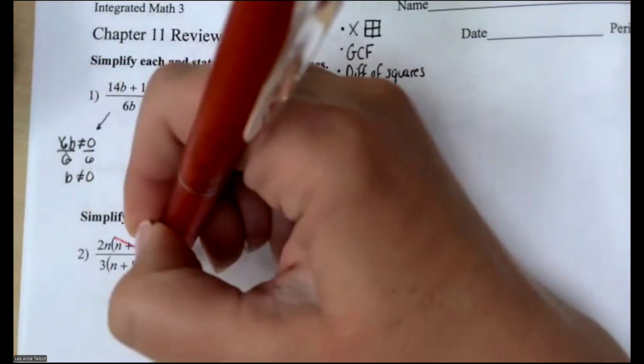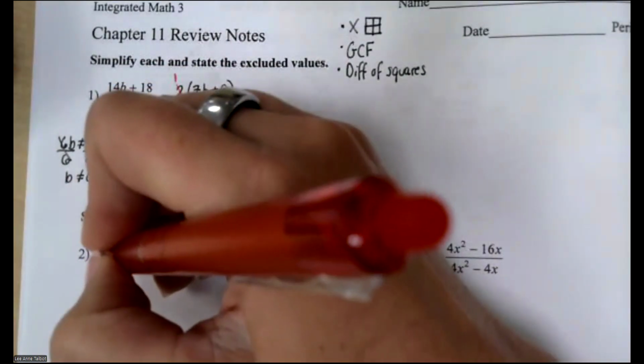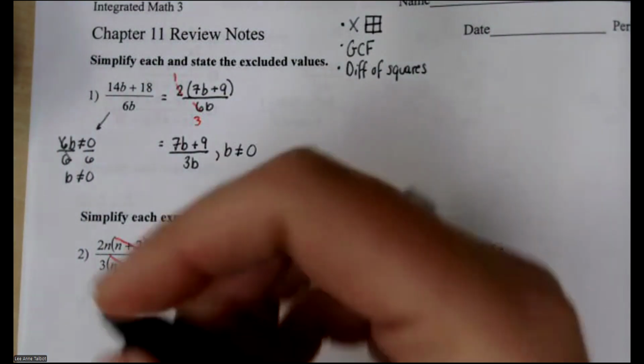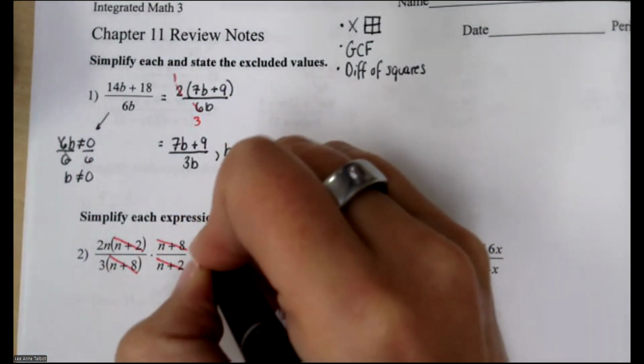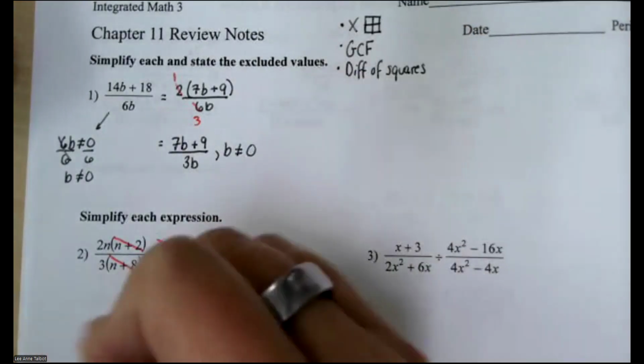N plus 2, N plus 8. That one was satisfying. Okay.